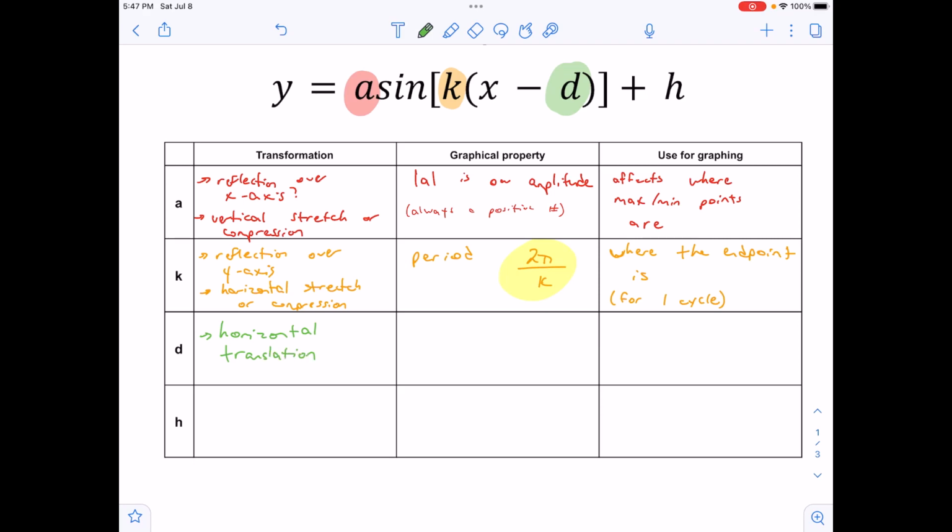When we're talking about trig functions, they call these translations to the left and to the right. What this might affect is our domain, perhaps, depending on where we're starting at. And we use it for graphing in terms of determining where our starting point is.